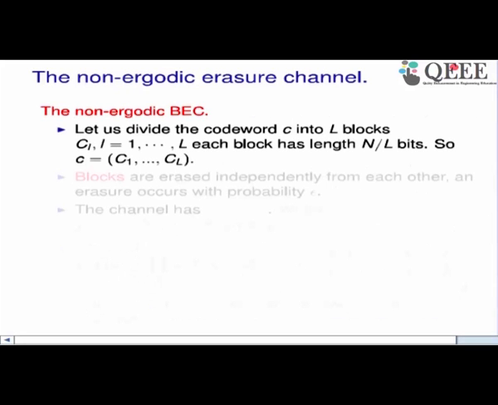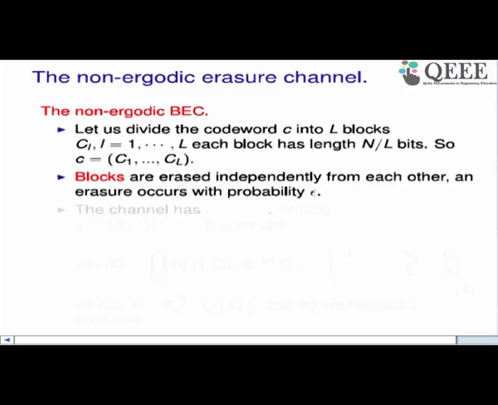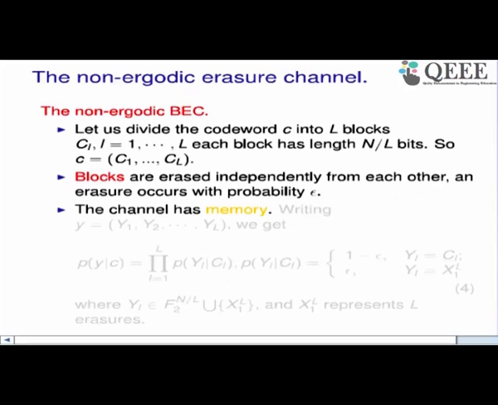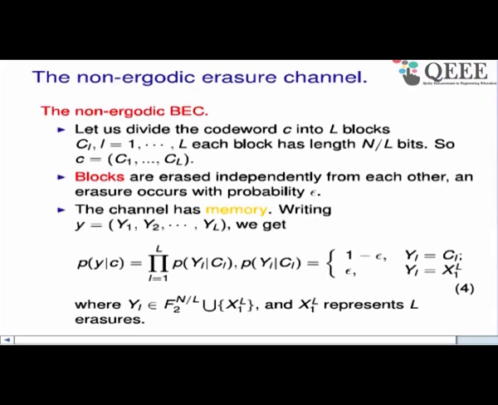In the non-ergodic case, there are only L blocks, each block is varying independently, but within the block, if one bit is erased, the entire block is erased. So here there are only capital L probability terms. I hope you now have got the concept of ergodic and non-ergodic.